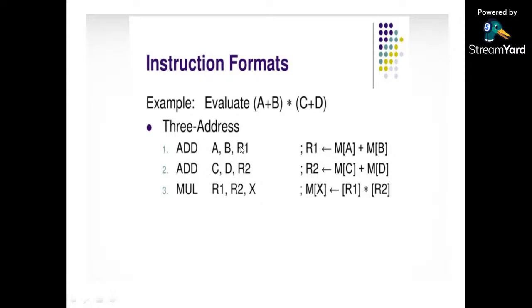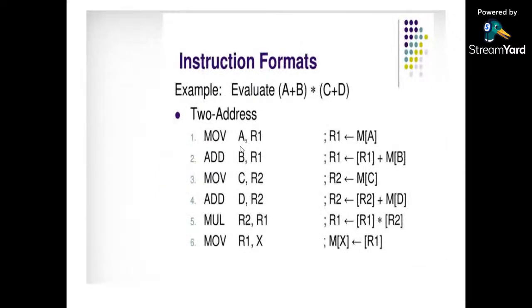Okay, but if we are having two address format, now let us try to see that if our machine is supporting two address format, then how many steps or how many instructions are we going to require in order to perform the same task, that is a plus b multiplied by c plus d. Okay, let us see.